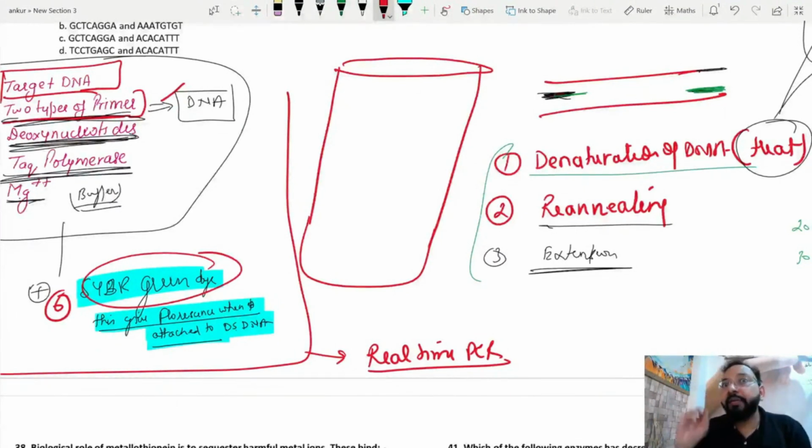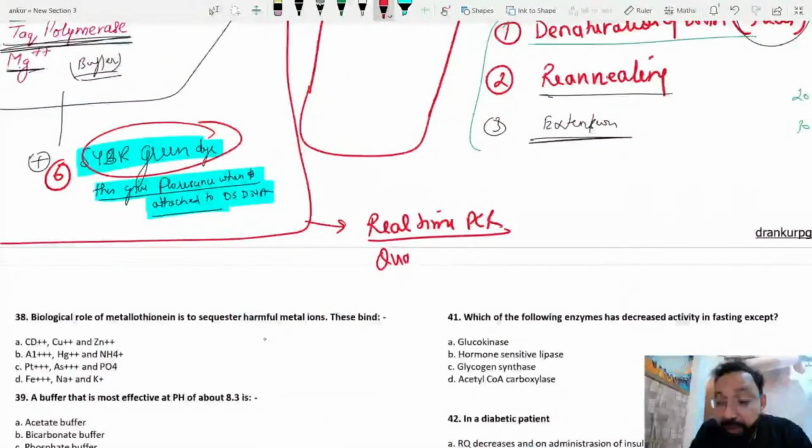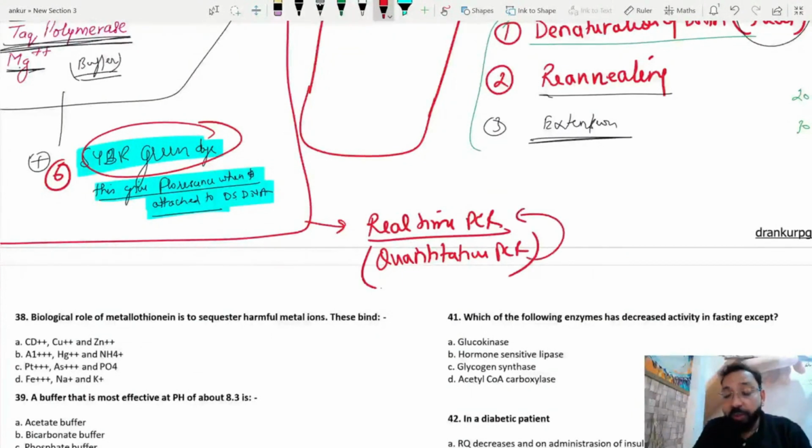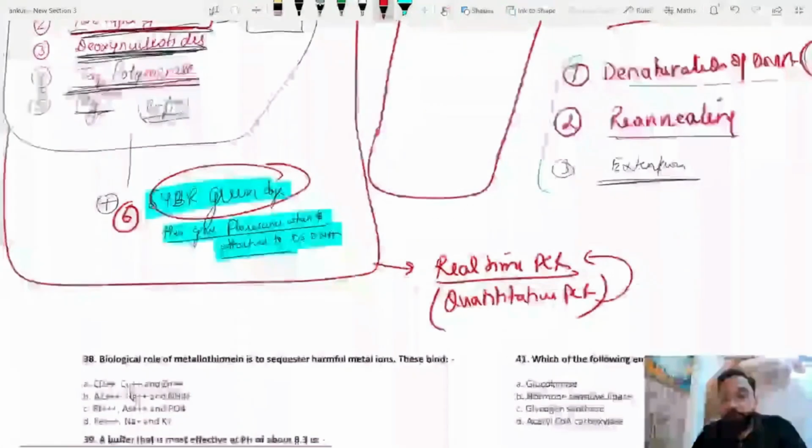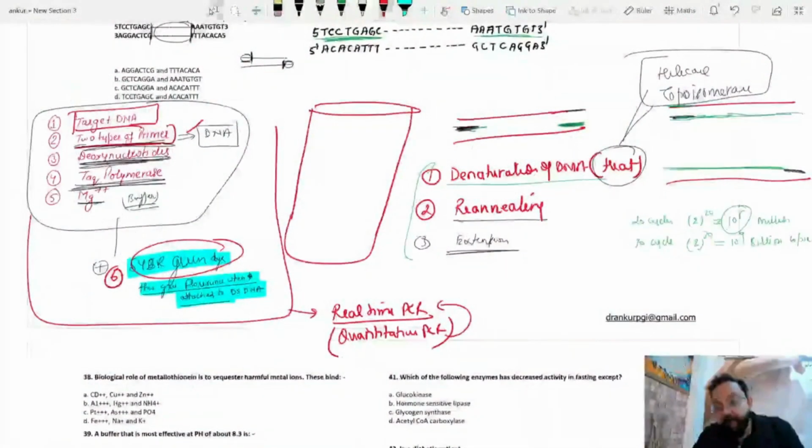It means you can monitor the PCR in real time. At any time, if I ask you whether the PCR is going on or not, you can tell me. How much DNA has been synthesized till now, you can tell me. And how much means quantity. That's why real-time PCR is also called quantitative PCR. Understood flanking sequence, understood real-time PCR. In real-time PCR, the extra thing is cybergreen dye.